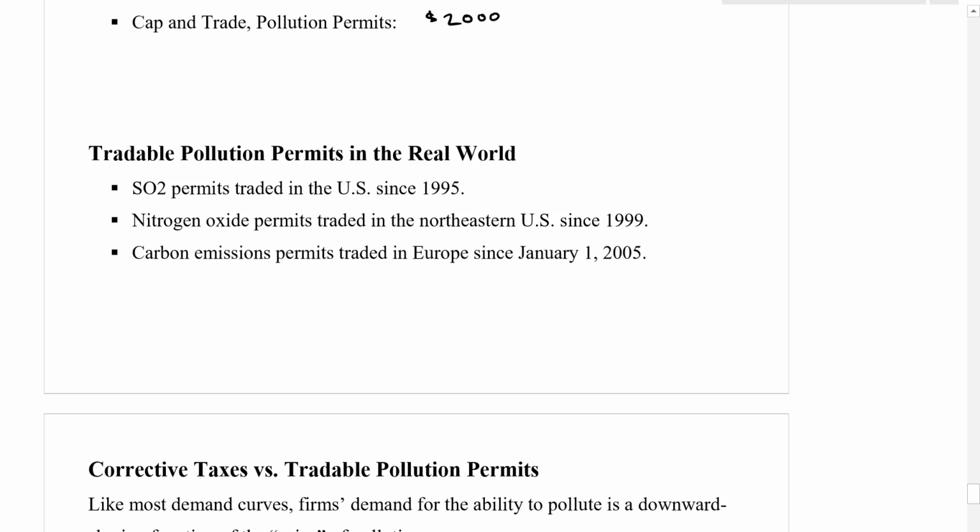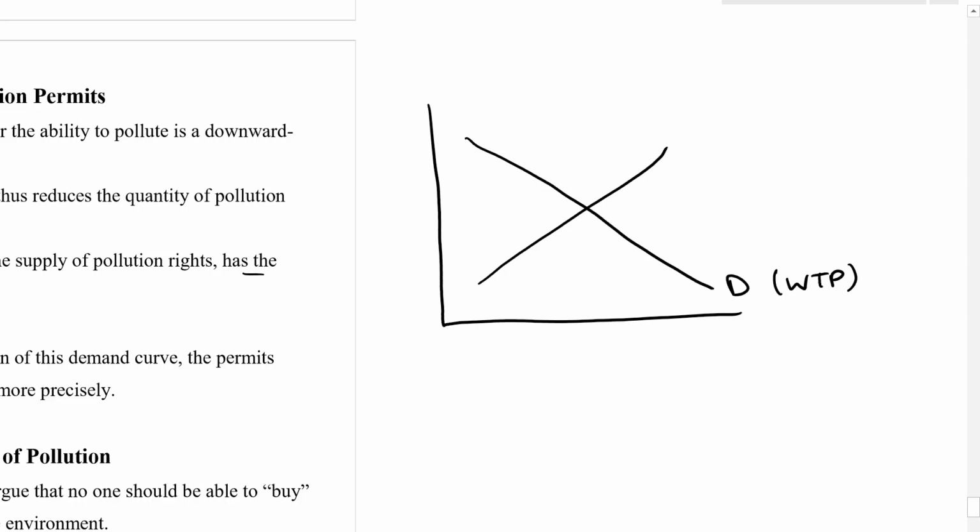And again, just like we talked about when we discussed consumer and producer surplus, these societal costs and values come from the willingness to pay, the value from the demand curve, and the costs coming from the supply curve, whether it's social or private costs, in order to find the optimal level of pollution in a society.